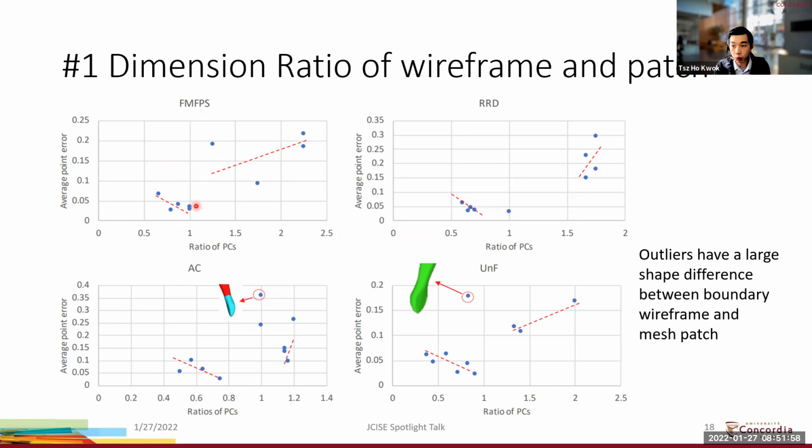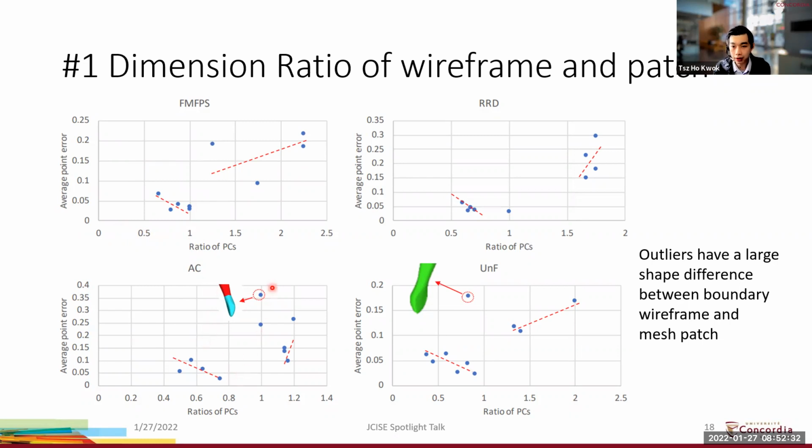If the ratio is lower than 1, then the wireframe has a little less dimension than the mesh patches. That makes sense, because the mesh patch is the one being handled, so it has a little less dimension. But if it's higher than 1, that means the wireframe has even more features than the mesh patches, which doesn't make much sense. So the part lower than 1 having a lower error comes from this.